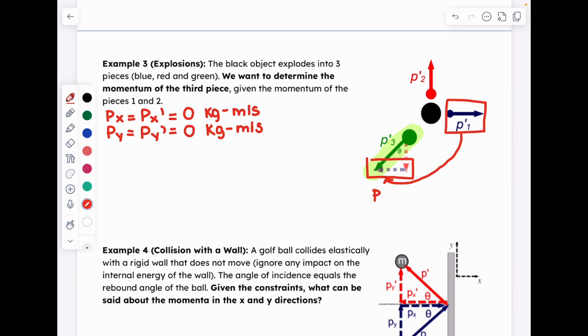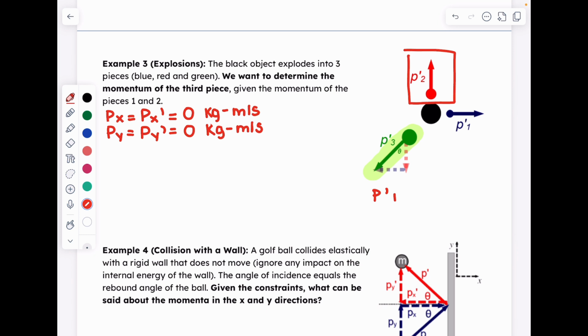So this is also equal to P1 after the collision's magnitude. And the same thing goes for the y direction. After the fact, the second piece goes straight up in the y direction.